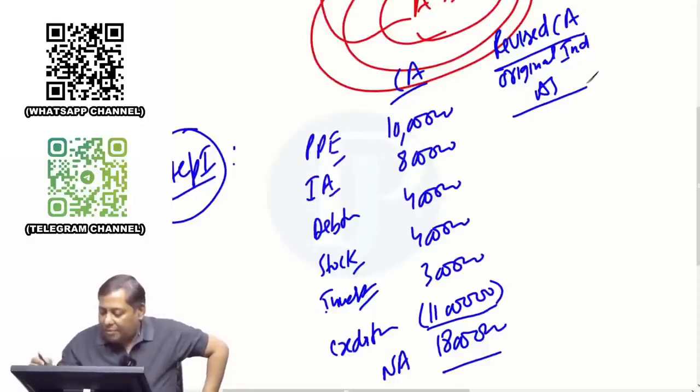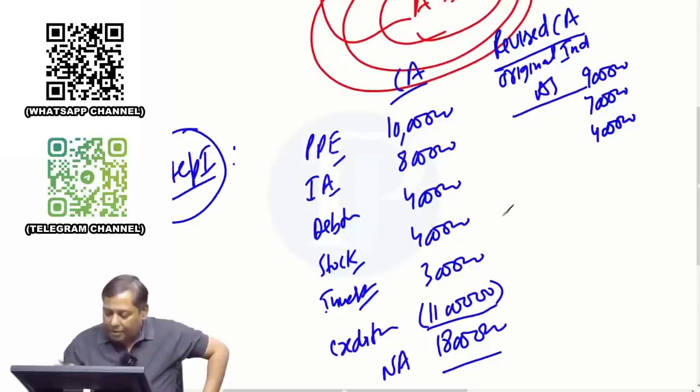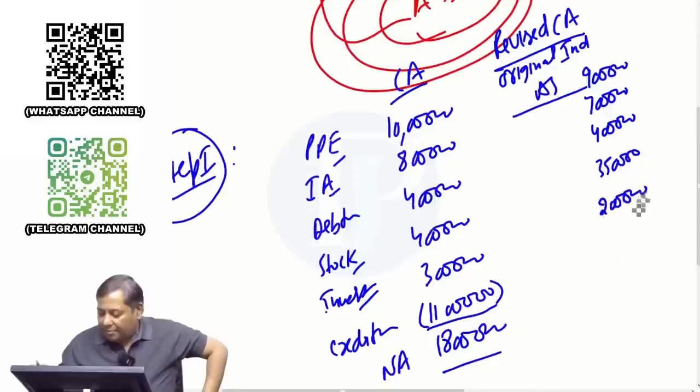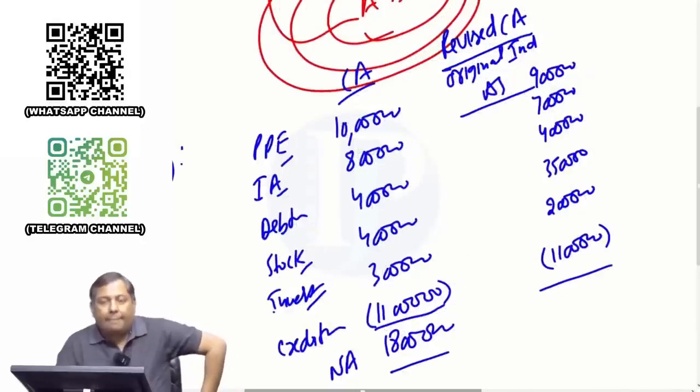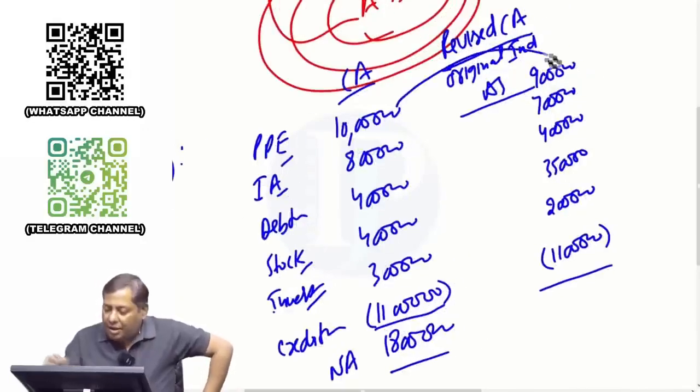So this PPE of 10 lakhs is 9 lakhs. Assets worth 8 lakhs are 7 lakhs. Debtors worth 4 lakhs are 4 lakhs only. Stock is 3.5. Investments are worth 2 lakhs, and creditors 11 lakhs. This clearly means that here is a loss of rupees 1 lakh as per Ind AS 36.